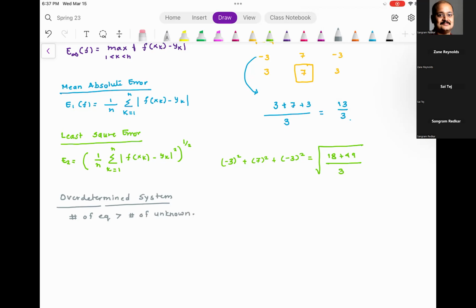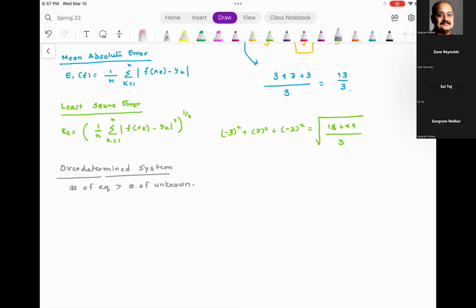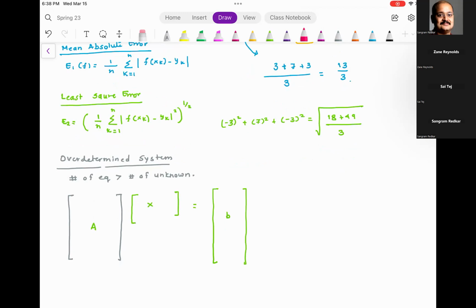So this system, if you want to visualize, will be shown something like this. This is your A, this is your X, and this is going to be your B. And if you study classic regression, they talk about A as model terms.